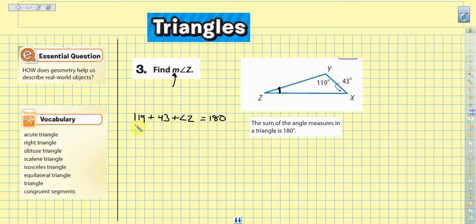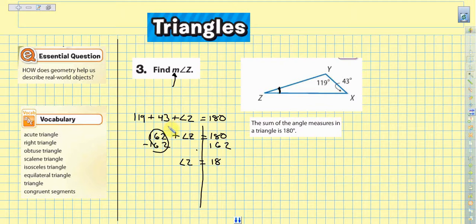Well, I just need to combine these two. 119 and 43, and I'm going to get 162, plus angle Z equals 180. Subtract 162 on both sides. That becomes 0. This becomes 18. My angle Z now becomes 18.